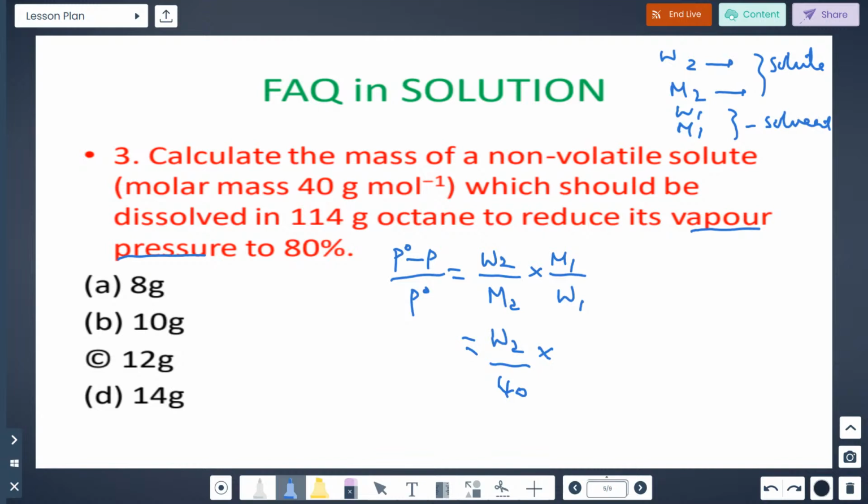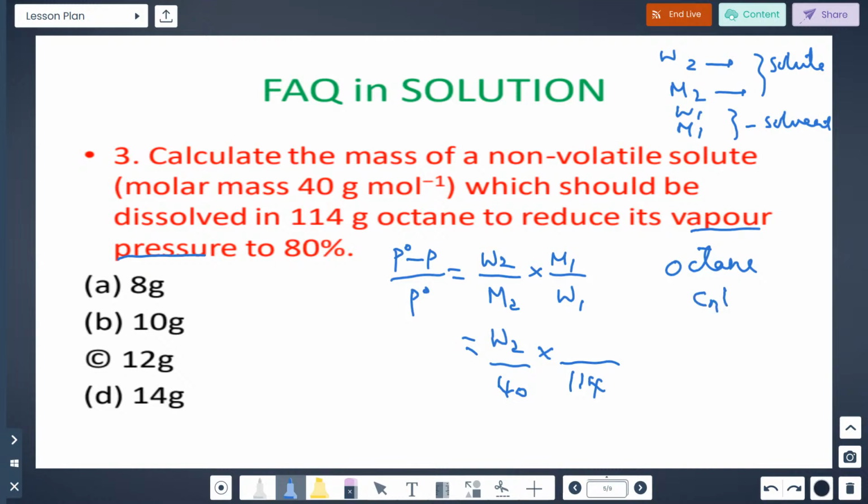Okay. M1. It should be dissolved in 114 gram of octane. 114 gram, nothing but here W, weight, no? 114. Understood? Right. Then M1, octane. What is octane? Octane is an alkane family. It has one formula. You know that?